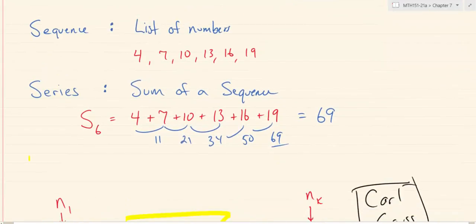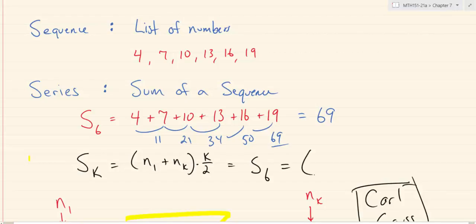So let's apply this theory to our sequence here. This is the sequence that we brute forced, right? We added each one. Let's apply this formula. The formula was s sub k equals n sub 1 plus n sub k times k divided by 2. So the sum of the first 6 terms is our first term, which was 4, plus our last term, which was 19, times 6 divided by 2.